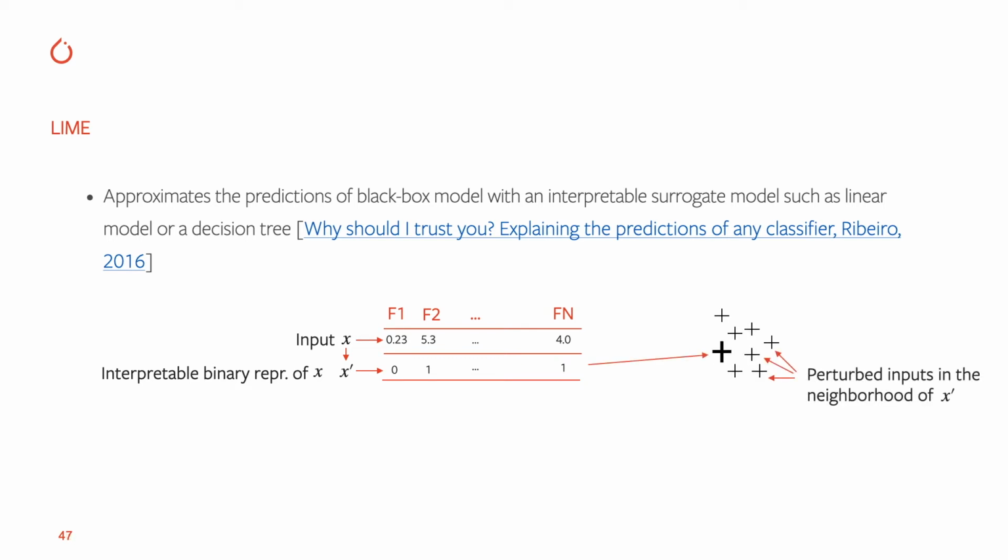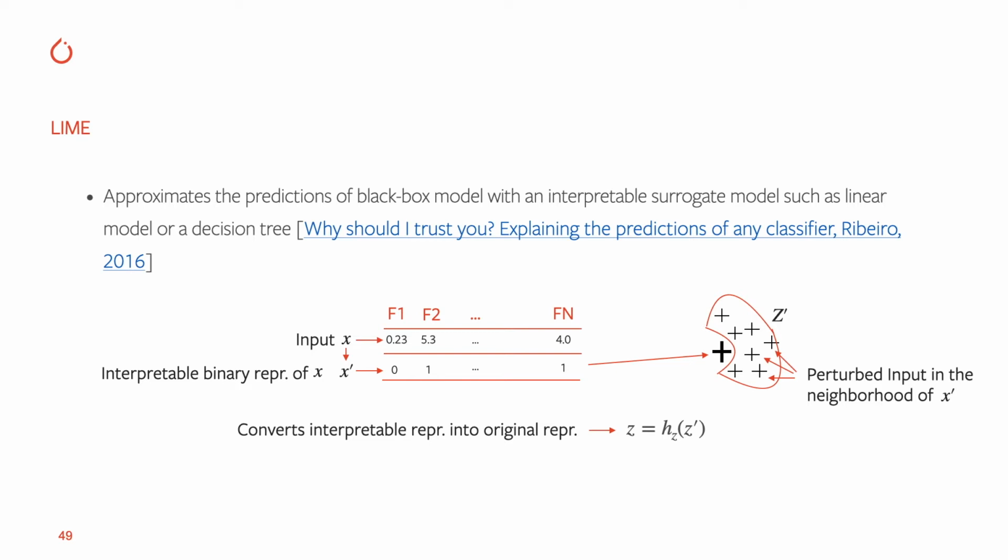Given x and x prime, next we draw n samples uniformly at random in the neighborhood of input x prime. Those are the perturbed input samples visualized with a cross symbol in the neighborhood of x prime. Let's denote the set of those sampled inputs in the neighborhood of x prime as z prime.